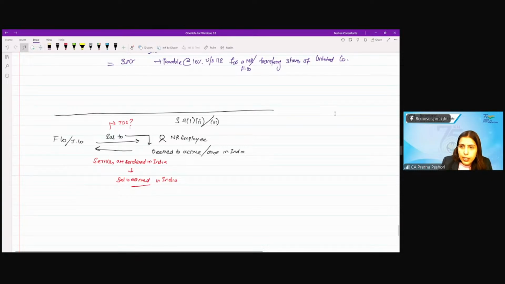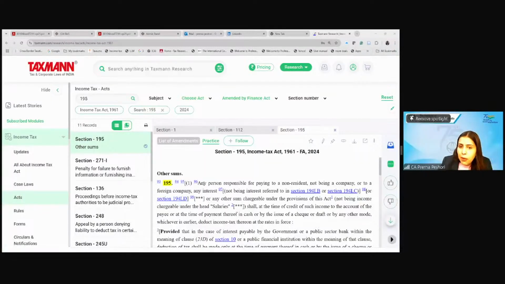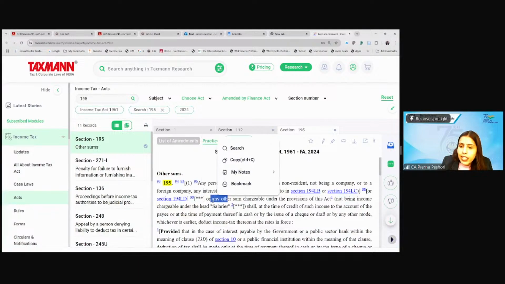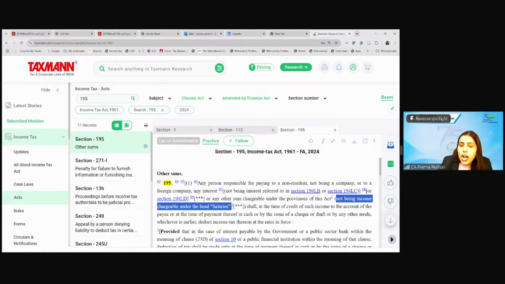But let me show you the Act that we had seen at that point also. Any person responsible for paying to a non-resident, not being a company, or to a foreign company, any interest or any other sum which is chargeable under the provisions of this Act, not being income chargeable under the head salaries.